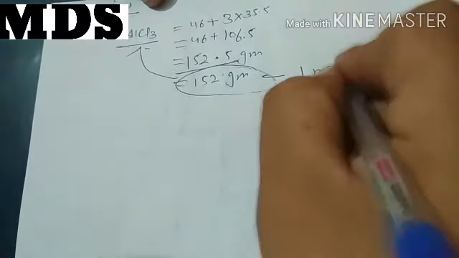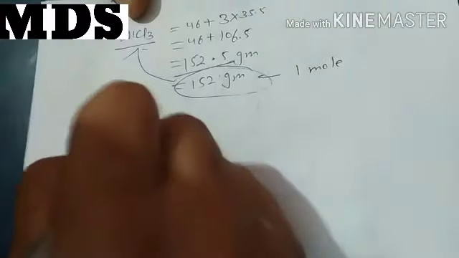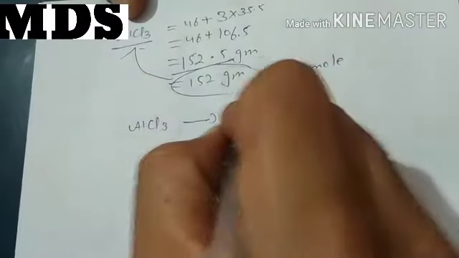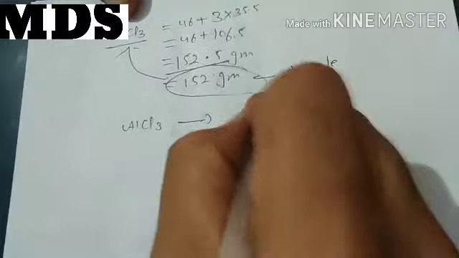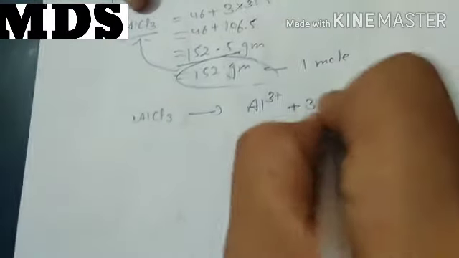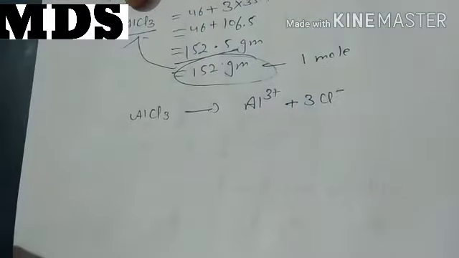So 152 gram comprises 1 mole. But you know that when AlCl3 is put into water, it will dissociate and give 1 ion of aluminium and 3 chloride ions.